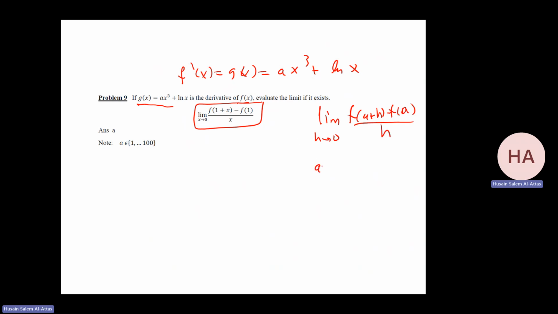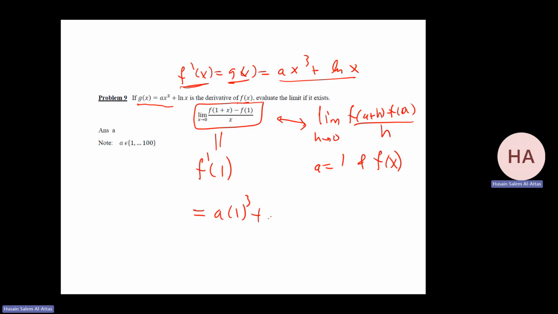Very clear, my a is 1, and the function is f of x. Compare this one with this one. So this expression will be f prime at 1. And I know that f prime is g of x, which is this function. So that will be a times 1 cubed plus ln 1, which is a. That will be my answer.